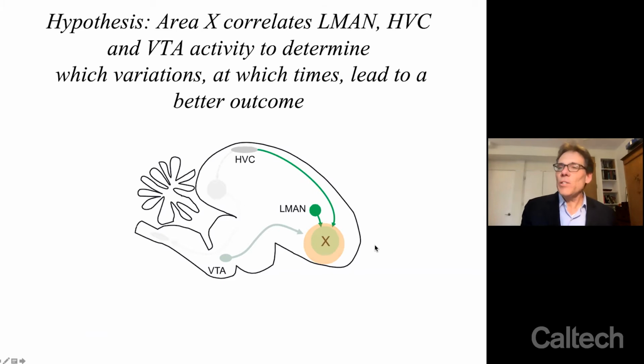So there's also a projection to Area X from this timing circuit HVC, and that carries the same kind of sparse code for timing that it carries in the motor pathway. So with this timing information, Area X can figure out which L-man fluctuations at each time in the song make the song better at that time, okay?